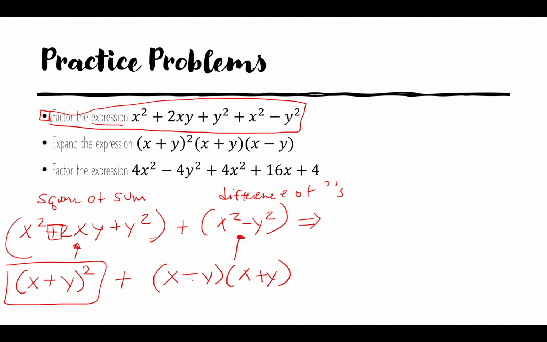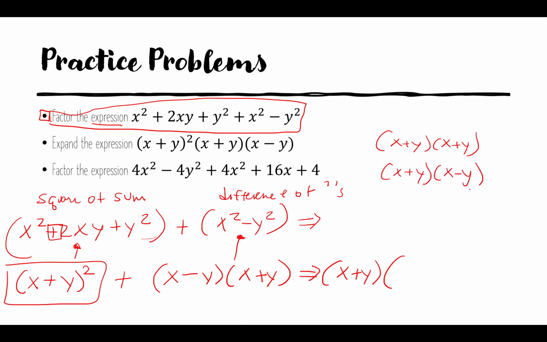Now that we've factored these two individual expressions, we must string them together. As we can see, an x plus y is present in both of these expressions. Therefore, we can simply factor an x plus y out and sum up the other two. So here we have x plus y times x plus y, and here we have x plus y times x minus y.